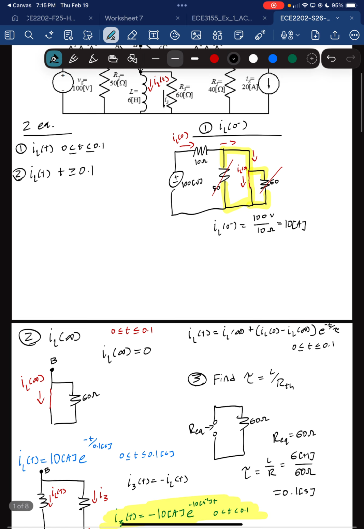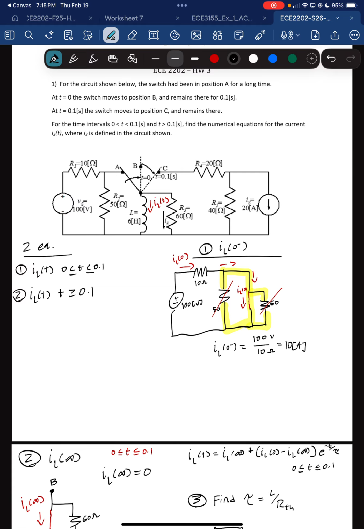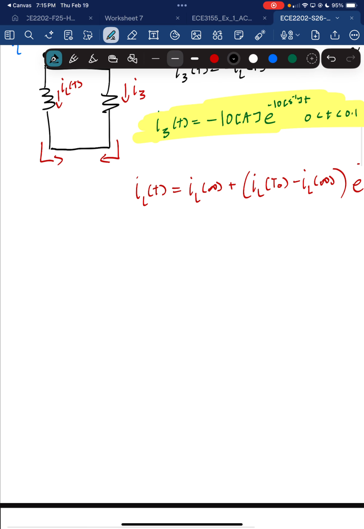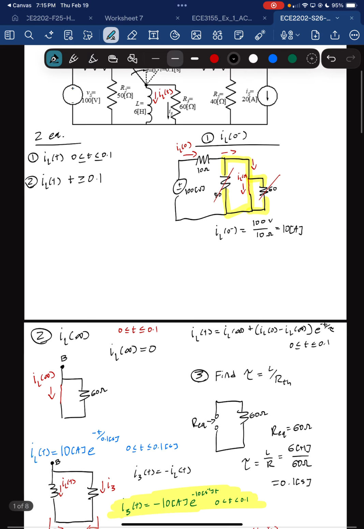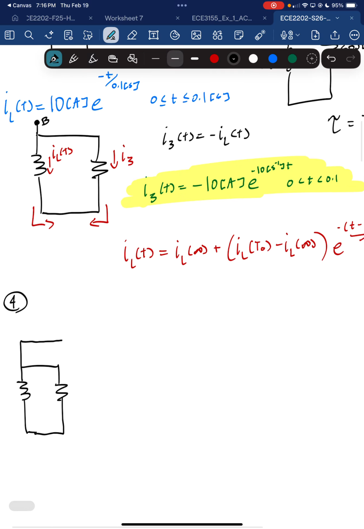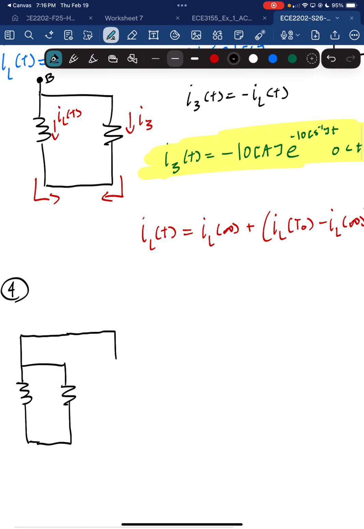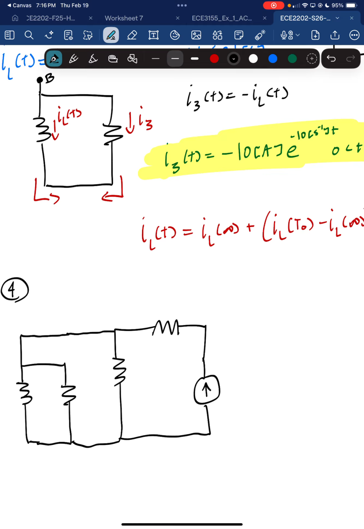So first things first, let's draw our circuit in position C. All right, so this is kind of step 4 here. Resistor, current source.